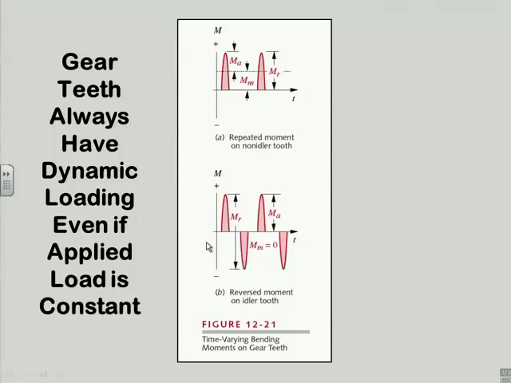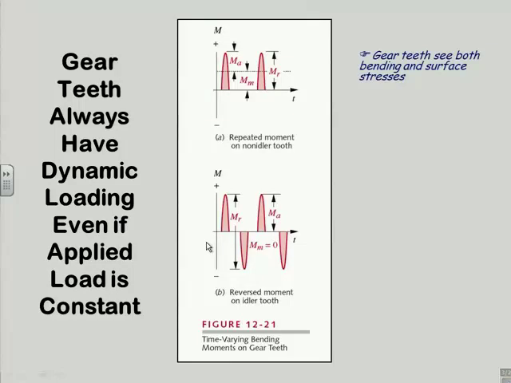But it lives a harsh life because it's in contact with 2 gears, one on either side, and thus one of them is pushing it one way and the other is pushing it the other, so it has fully reverse loading, and the peak values are just as big as the repeated load values up above. So the alternating is twice as big on the idler as it is on the other guy, and the mean is 0. So I have fully reverse loading on an idler. And we'll take that into account with a factor when we do the calculations.